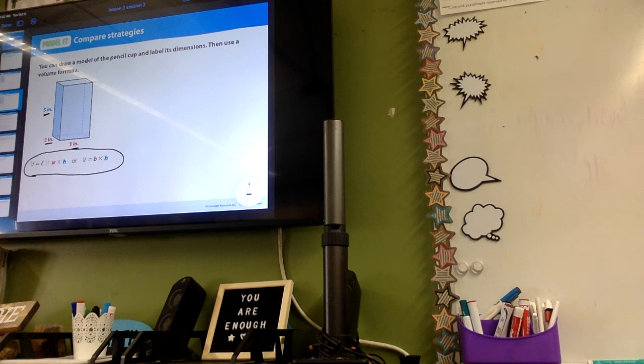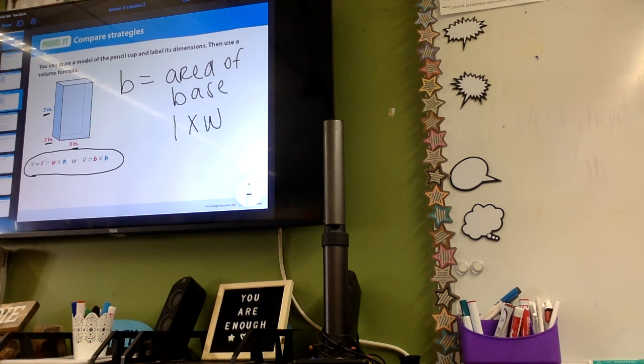Length times width times height, or base times height. What was base? What did that represent? The B was what? Anna? Nope. What did the B represent? Area of the base. So B was the area of your base, which is length times width.